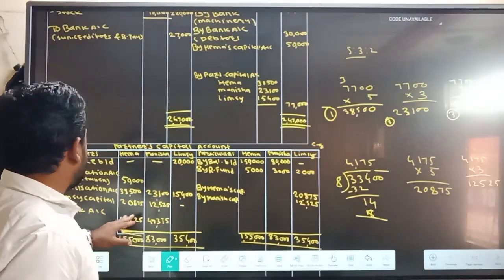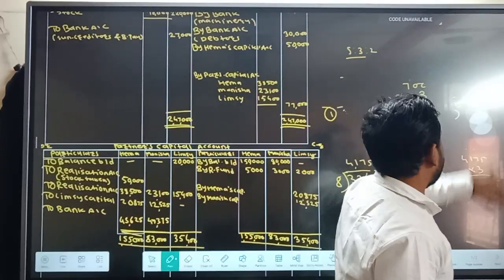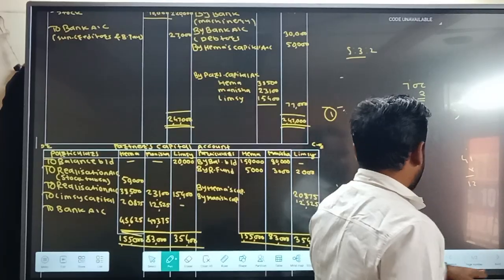Yes, you are right. So for these two amounts, the second effect will be credit side of bank account.